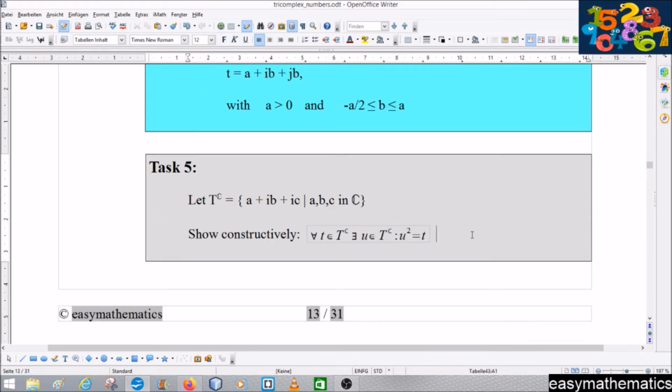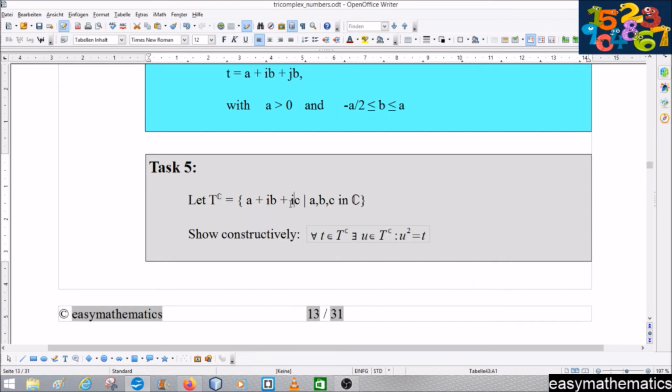Task 5. Let Tc be the set of all tricomplex numbers with complex components. Then it's quite obvious that every tricomplex number with complex components has a square root, and show this constructively.